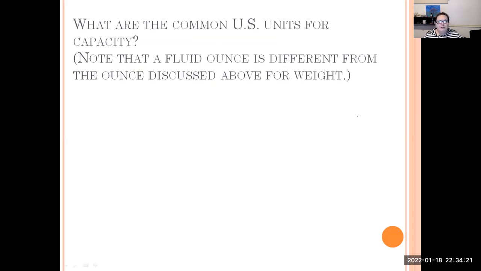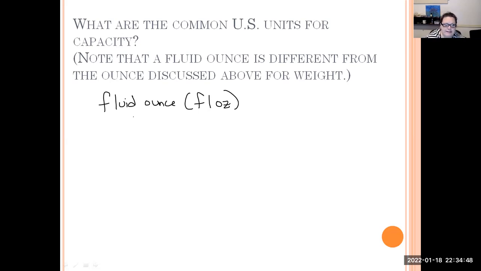What are the common United States units for capacity? Note that a fluid ounce is different from the ounce we discussed previously for weight, because that was just OZ. Fluid ounce, which is one of the units for capacity, is also written FL OZ. Okay, those are separated, FL space OZ.